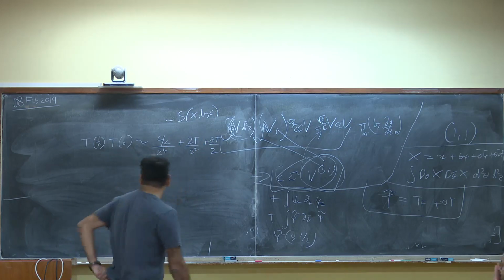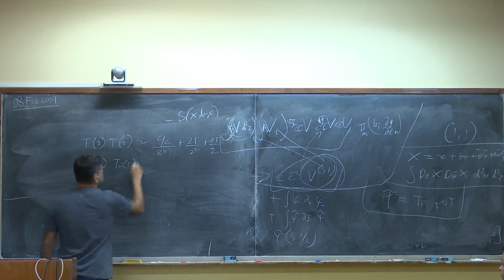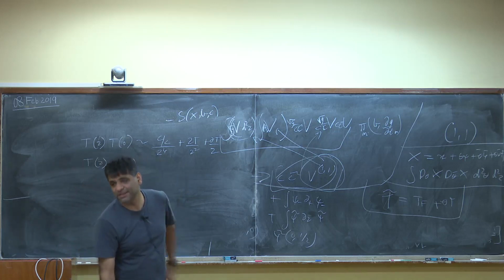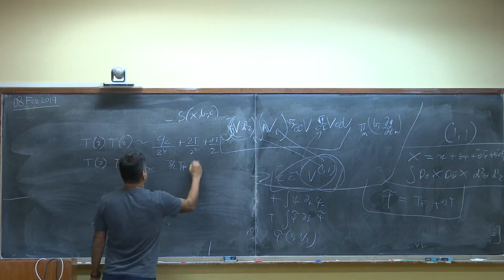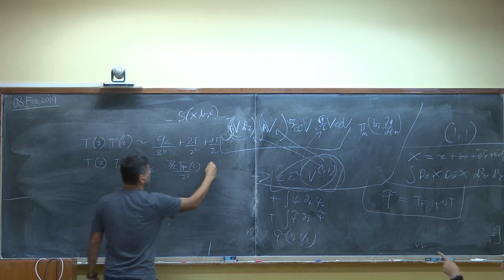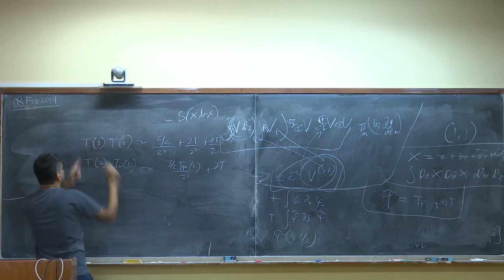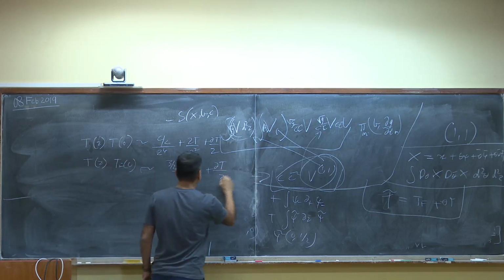What about T of z with TF of 0? Well, TF of 0 was just a primary of dimension 3 halves. So that was 3 by 2 TF of 0 by z squared plus del TF divided by z.